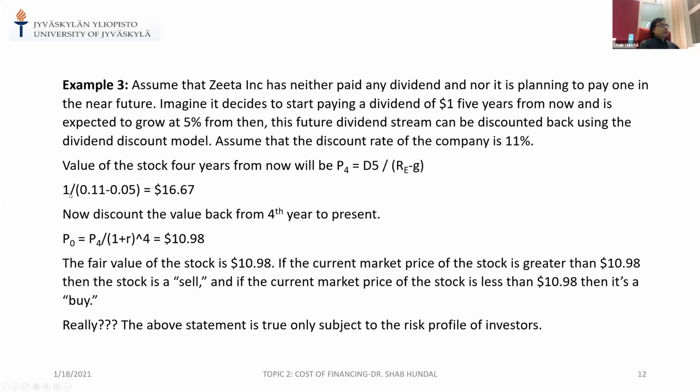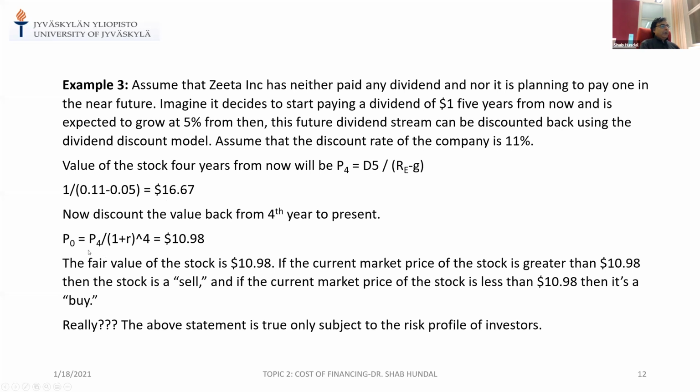All right, $1 divided by 11%, which is the cost of equity, minus 5%, the growth rate. It comes out to be 16.67. It means that the theoretical price of Zeta Incorporation in the 4th year should be 16.67.